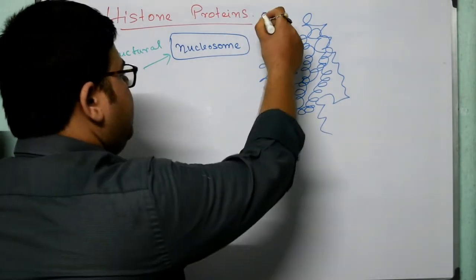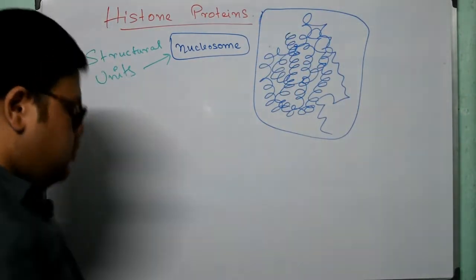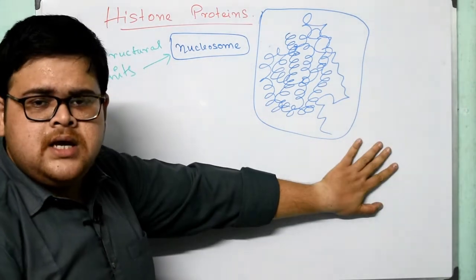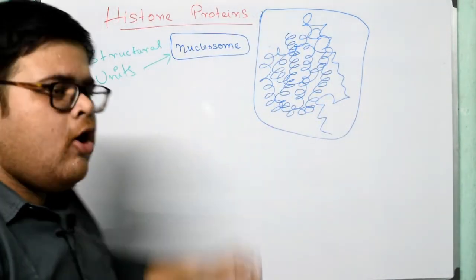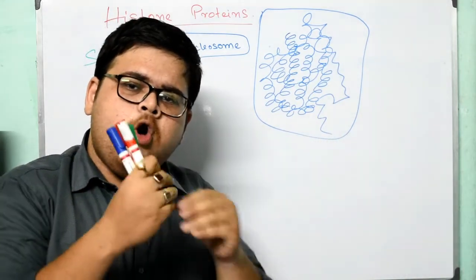But this particular coil is contained only in this part of the whiteboard. So the main purpose of this coiling is to put a long strand of DNA in a very small place in a coiled manner.